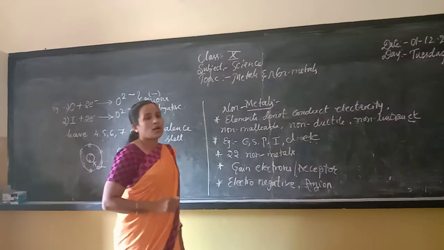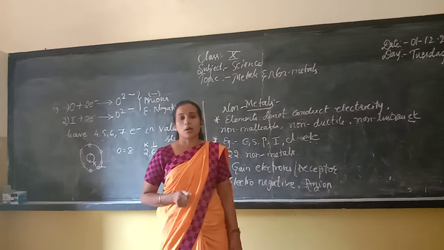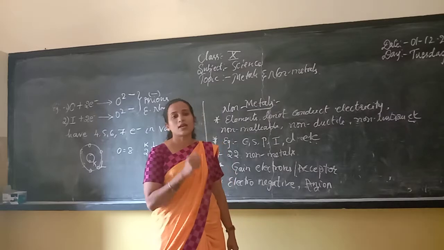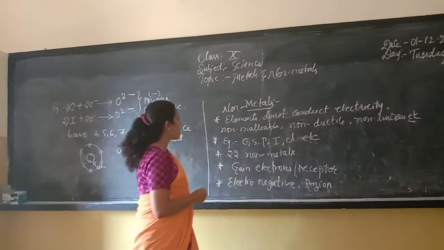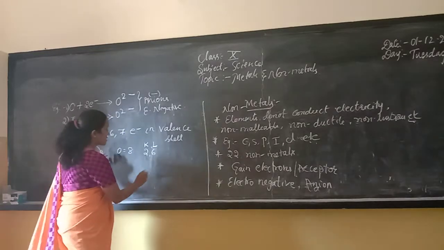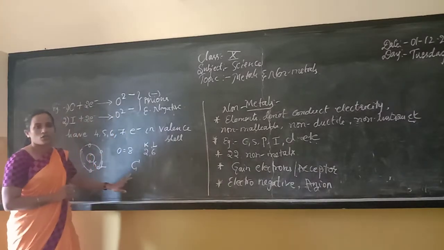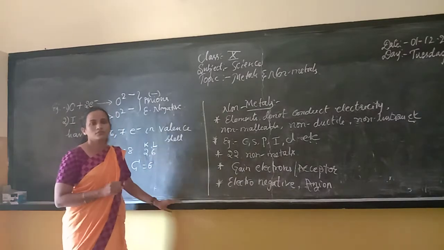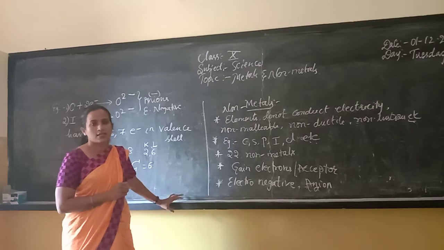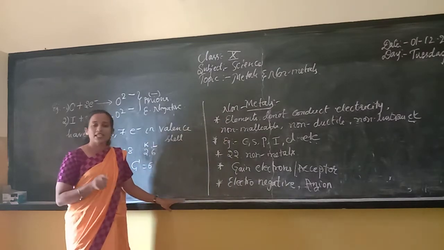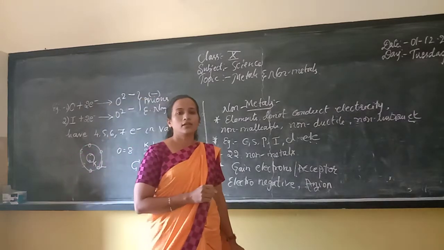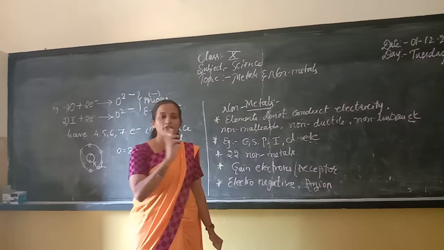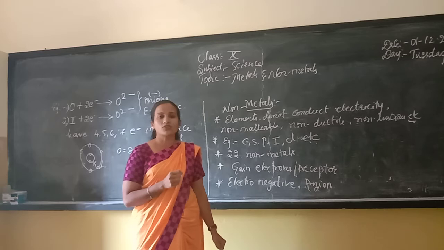See children, when compared to metals, non-metals are very few in number, but non-metals are very much essential for us. Let's take one example, carbon. What is the symbol of carbon? The symbol of carbon is C. Carbon is present in whatever we find in our nature, in our atmosphere.